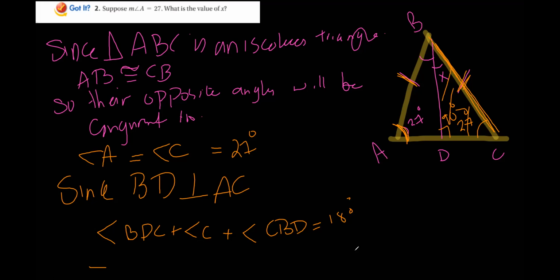So BDC is 90 plus 27 plus x is equal to 180.